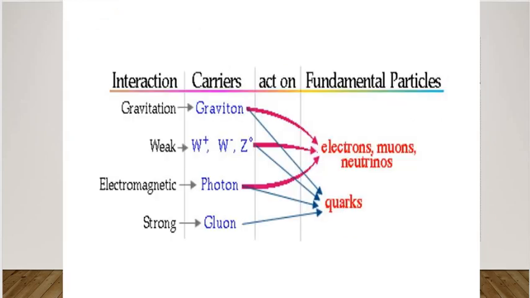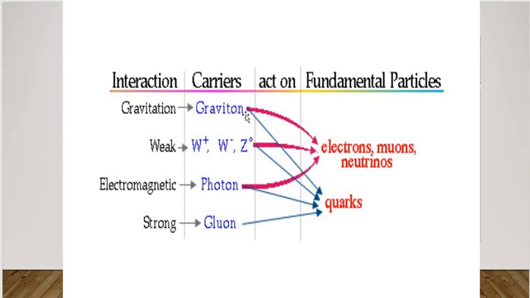Now we are coming to a link between the interactions and the fundamental building blocks of matter. The relation is, for every interaction, there will be a carrier particle. So gravitational interaction, which binds this universe together, which binds the solar system together, will have a carrier particle, an exchange particle.